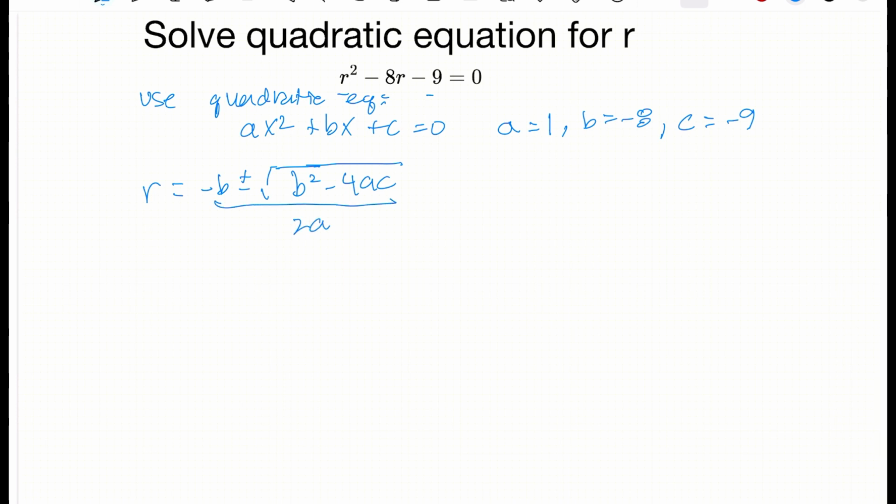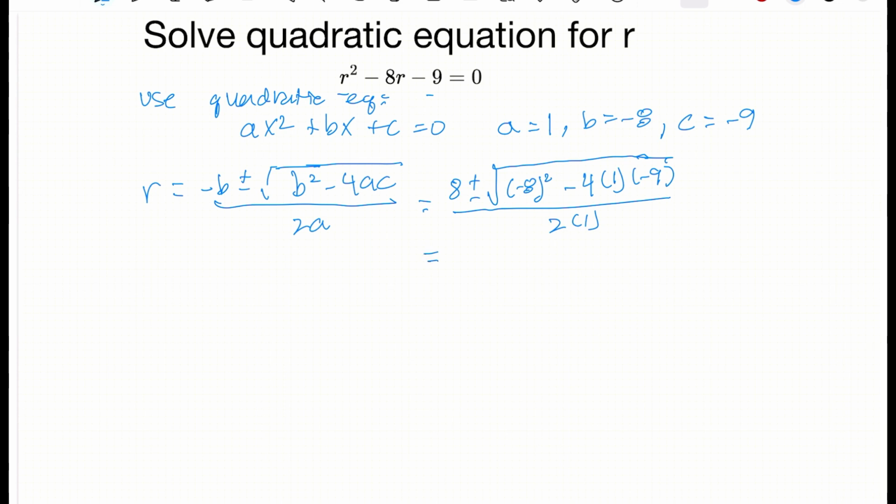Now let's put those terms in this and see what comes out. Okay, we know b is minus 8, so minus b would be plus 8, plus or minus the square root of b squared, which is minus 8 quantity squared, which is 64, minus 4 times a, which is 1, times c, which is minus 9. And in the denominator, we have 2 times 1, because a is equal to 1.